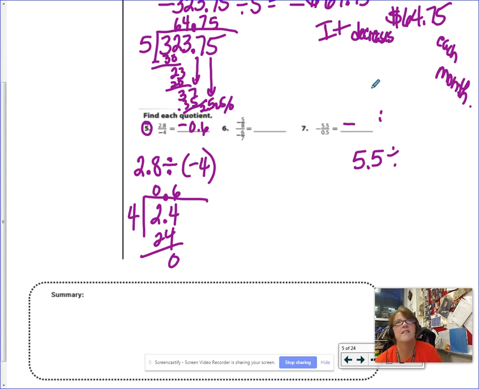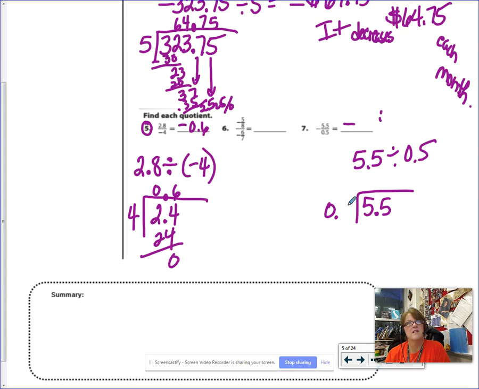Divide by the number in the denominator, which is 5/10. I know this looks totally gross here, but you've already decided on your sign. So then do this. 5 and 5/10 divided by 5/10.